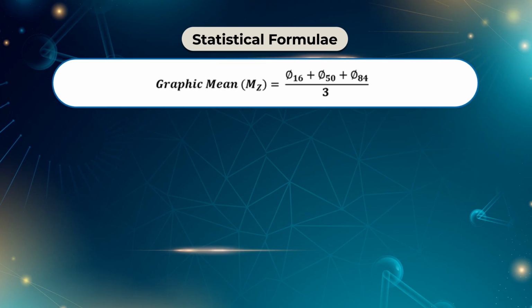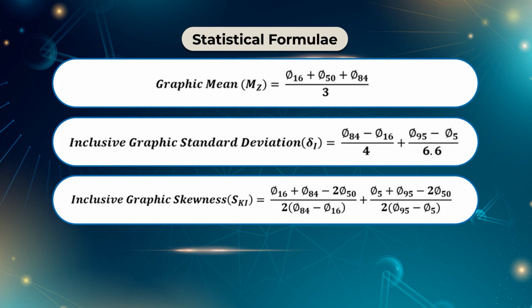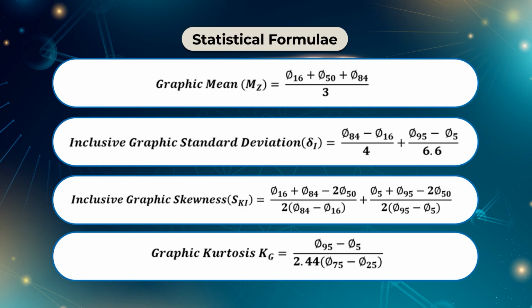These are some of the formulae which we use for the statistical treatment of the data. We find the graphic mean: graphic mean is phi16 plus phi50 plus phi84 divided by 3. Inclusive graphic standard deviation is phi84 minus phi16 divided by 4, plus phi95 minus phi5 divided by 6.6.